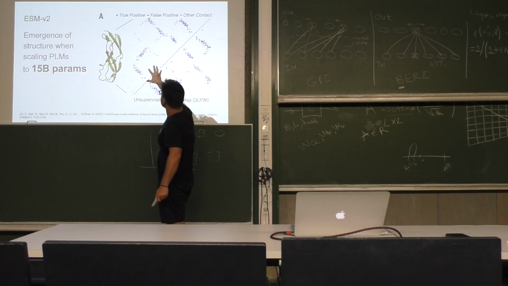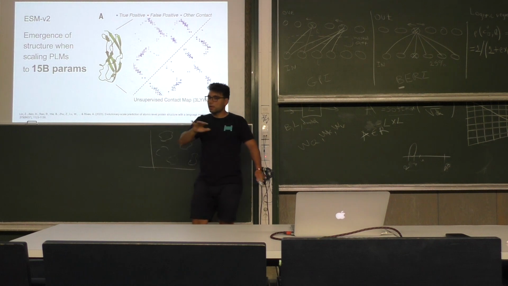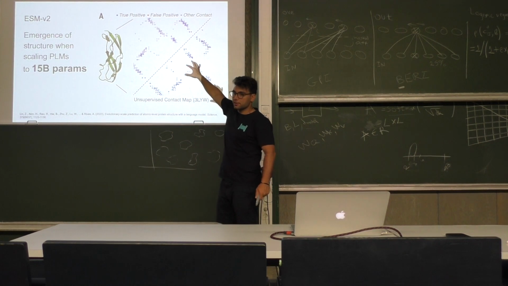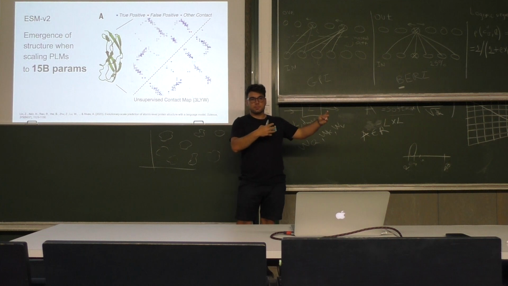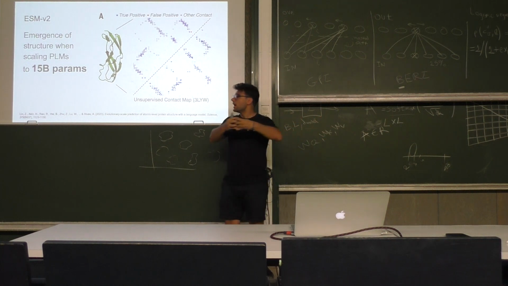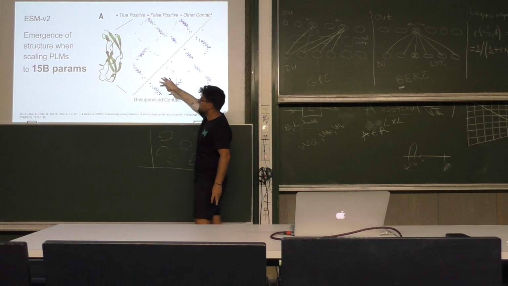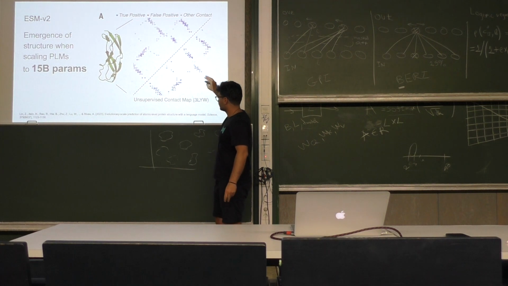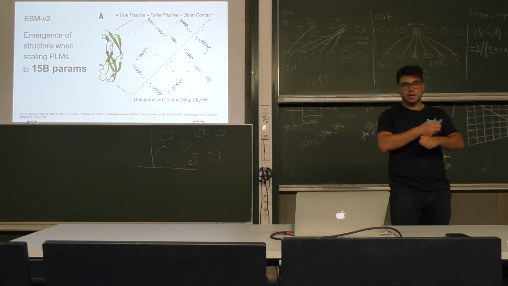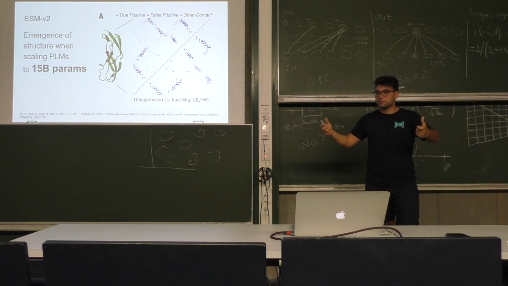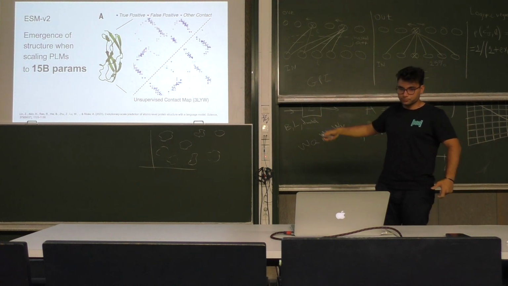And the upper left side shows the predictions of the model without any supervision, just by taking the average over the attention maps. So we just compute all the attention maps for this sequence and then take the average, and we can already see this information regarding the contact map to be readily available for the model without any task-specific fine-tuning on this task.